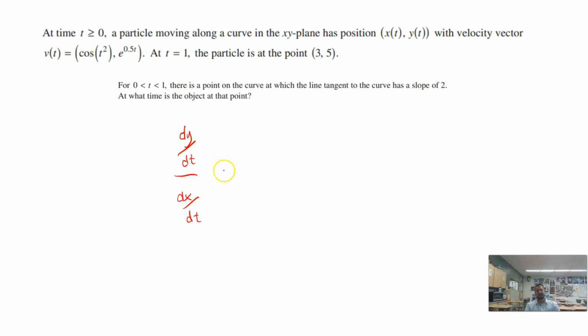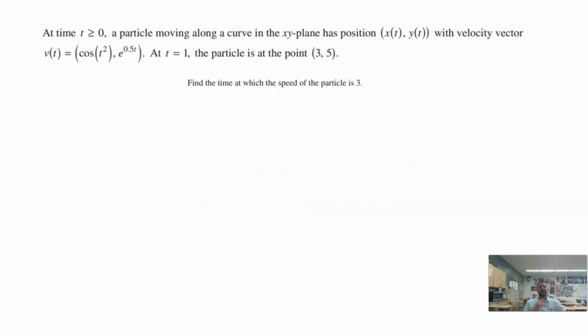So in this case, I'm going to have e to the 0.5t over cosine of t squared, and it wants to know when that slope is going to equal 2. Well, in order to do that, we just get our calculator out and we find out where this graph, this y1 and y2, cross each other. You can use x instead of t. It works the same way, and you should get 0.840 for letter B.